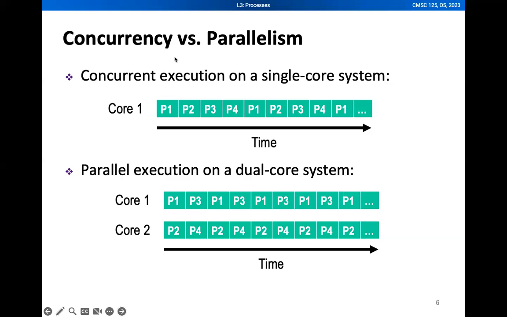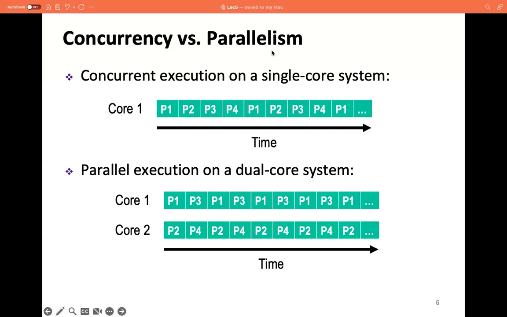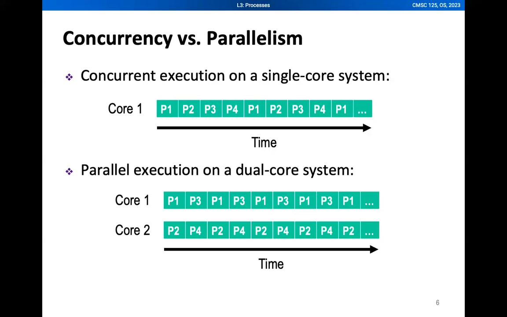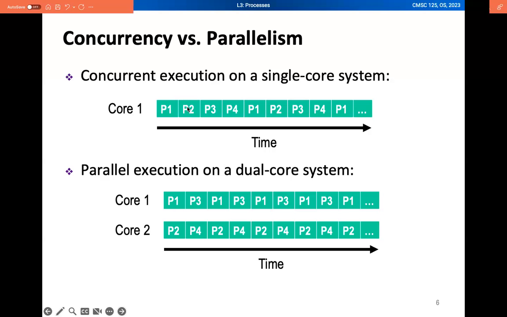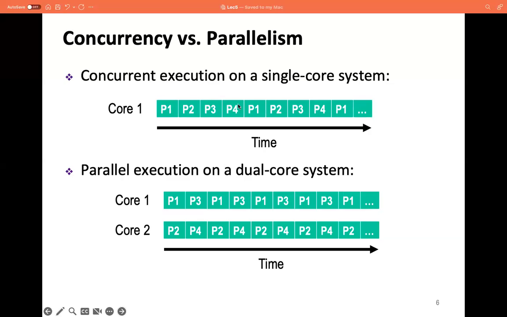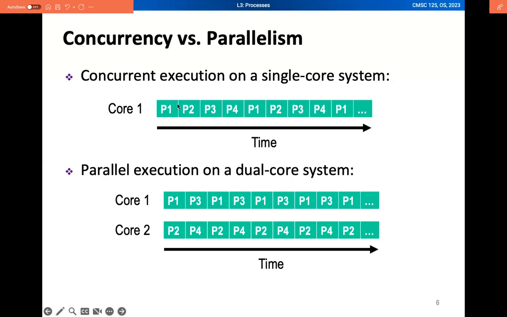Okay, and what is the difference again between concurrency and parallelism? Suppose we have this model with four processes. This is how they are executed concurrently in a single core system. We have only a single core, and what happens here is it seems to the user that these processes are run in parallel, but in fact there is actually an interleaving, or the processes are switching on the use of the CPU.